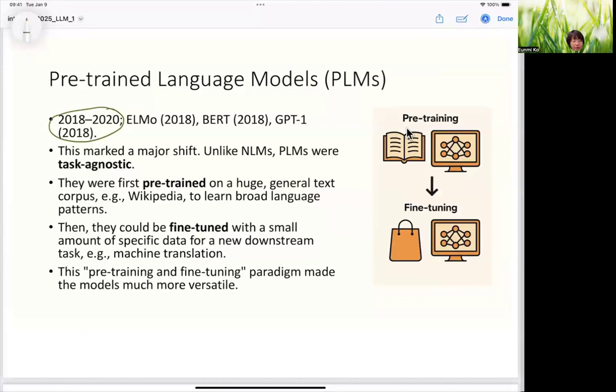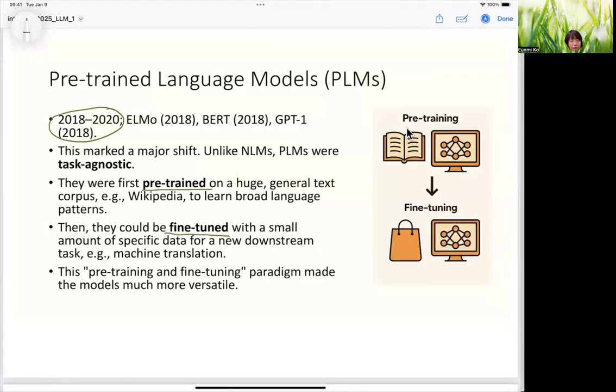But the models were first pre-trained on a huge general text corpus, for example, Wikipedia, to learn broad language patterns. Then the machine now was able to talk like a person. Then it can be fine-tuned with a small amount of specific data for a new downstream task.